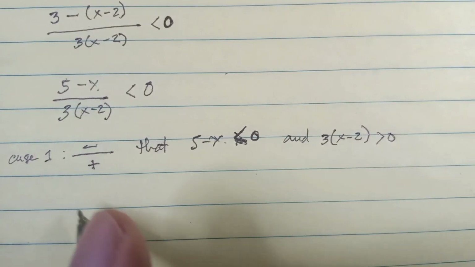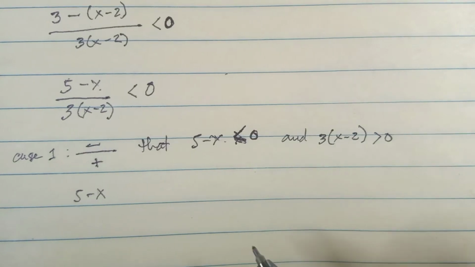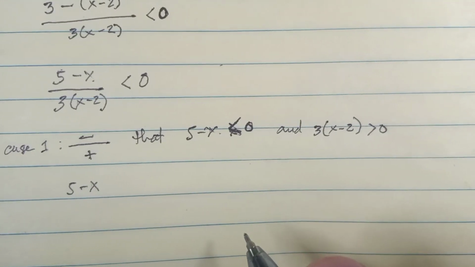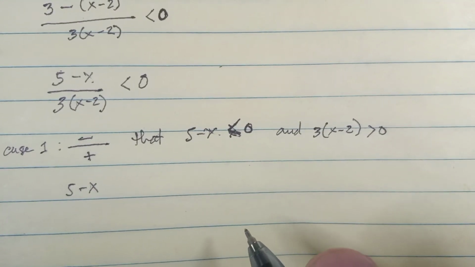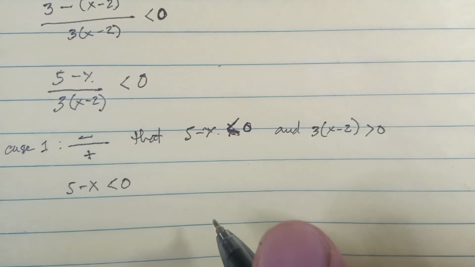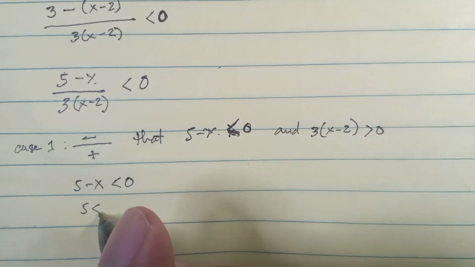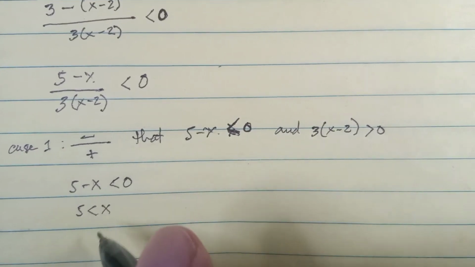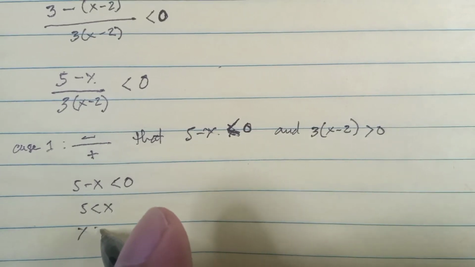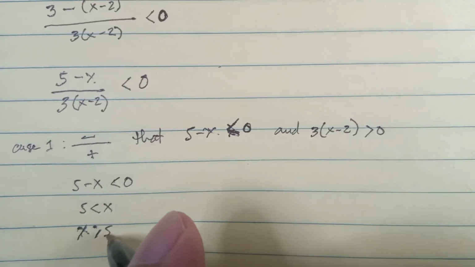So we have 5 minus x lesser than 0. Therefore we can have 5 is lesser than x, or we can say x is greater than 5.